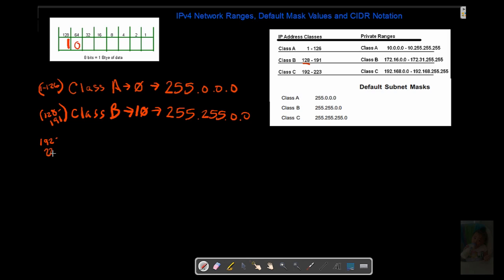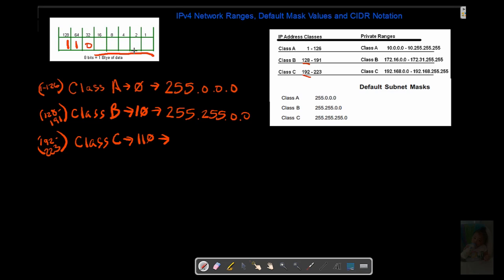192 to 223, we are paying attention to the first 3, 1, 1, 0. So regardless of what happens from this point down, if I start 1, 1, 0 as my bit pattern in my very first octet, I'm at least at 192.